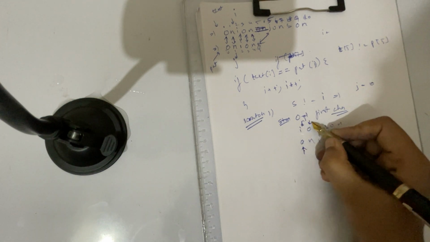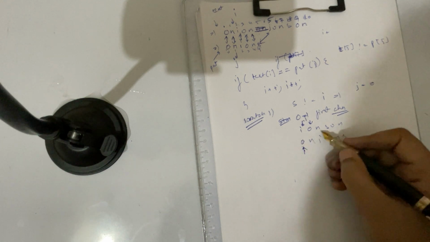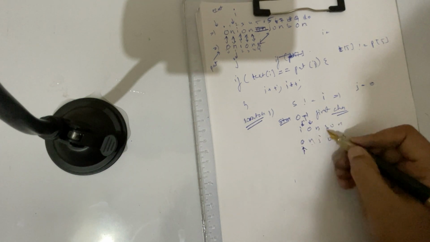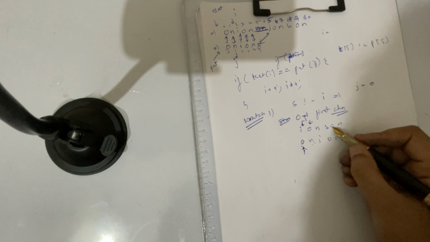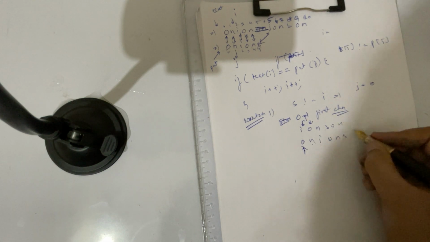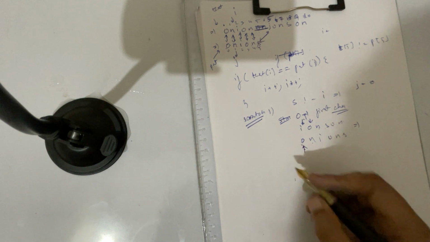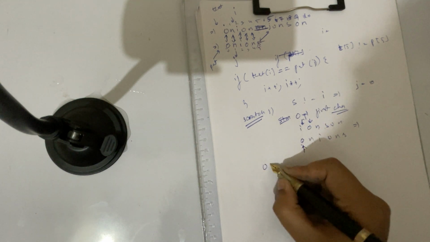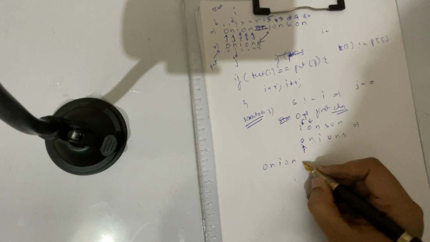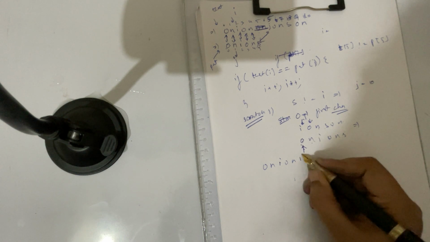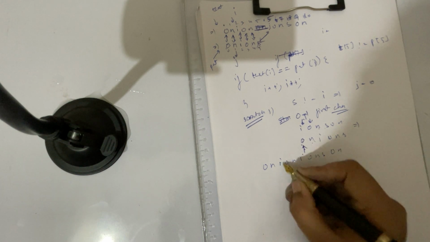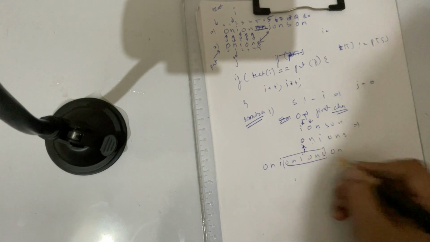So it is at 0 only. Then I match it against O, matched, and matched, again not matched. I'll move to O, matched, matched, matched. What is happening here? If you see, I have missed a possible match, which is O, N, I, O, N, IONSON. This match I have missed, right?